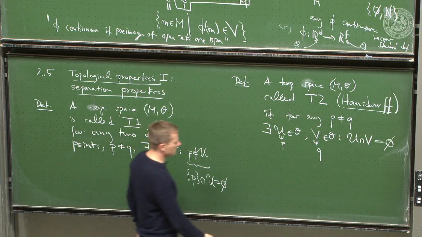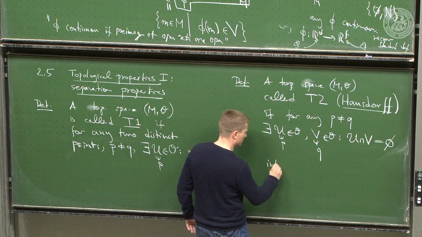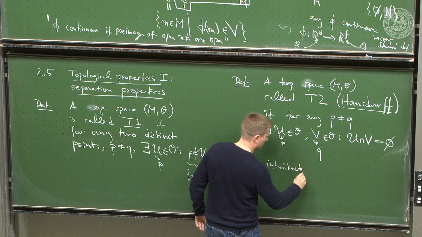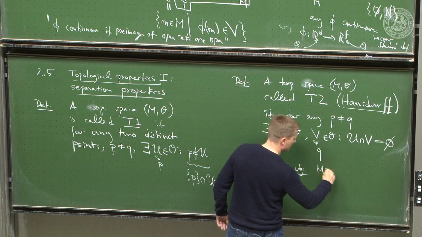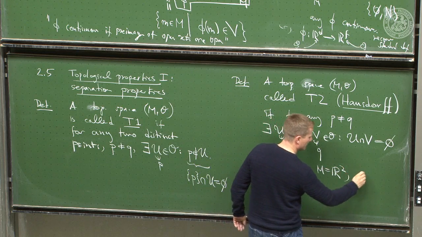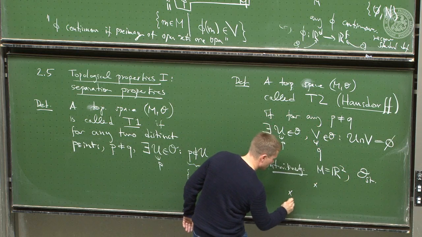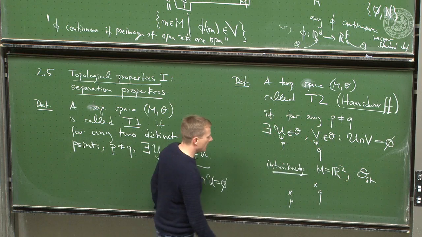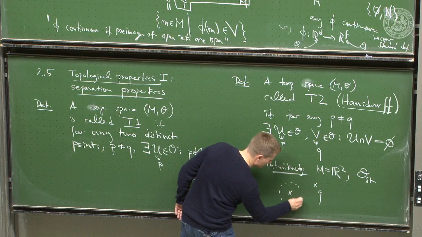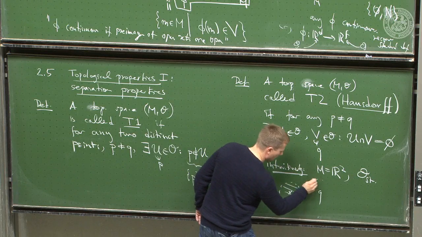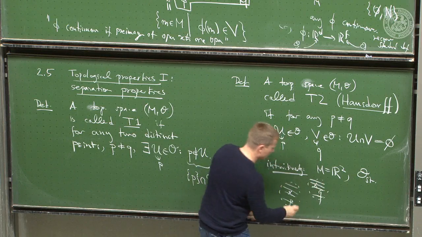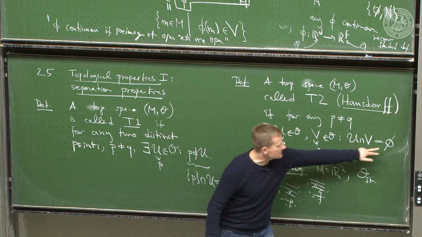So if one wants to draw a picture intuitively, well, we better say what topology we take. We take R2 and equip it with the standard topology. I have this point and this point. If they're distinct, I always find an open set around here and an open set around here, such that the open sets do not intersect.